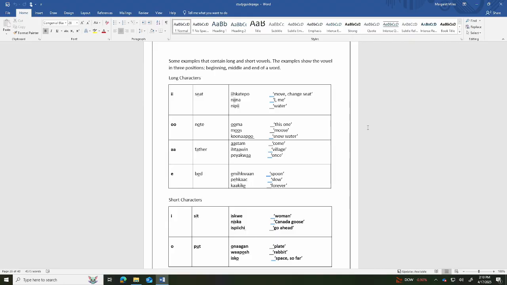In the name one, you would say ikatebo. Ikatebo meaning move or to change seat. And the long E sound is in front of the word beginning.